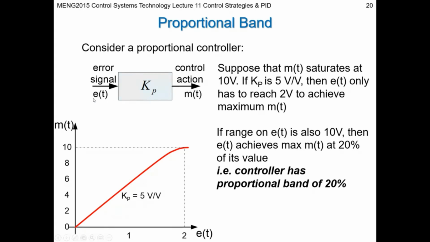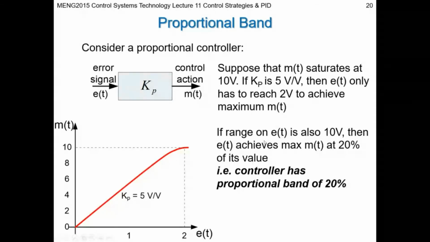Because if Kp is 5, you multiply 2 by 5, then you get your 10. So really, the amount of control action you can get from your proportional controller is determined by the relationship between the output, the control action, and the input error signal.